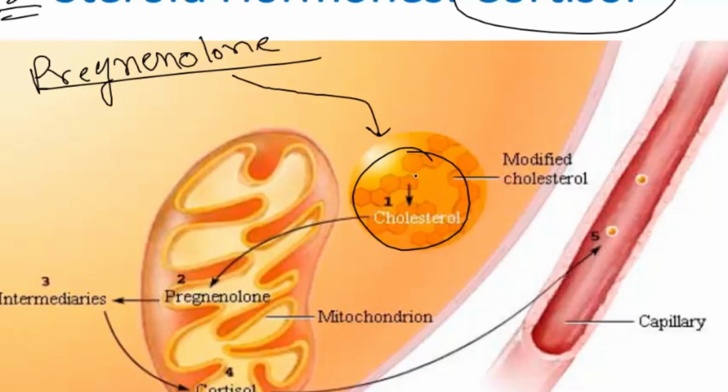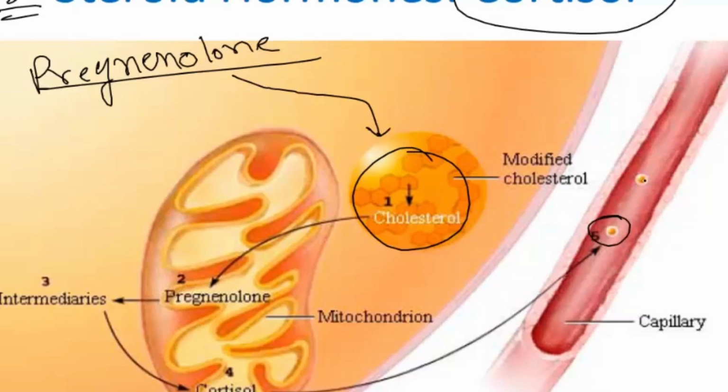Once the cholesterol is formed, this cholesterol is converted to steroid hormones such as cortisol, estrogen, progesterone, like that. Now if you look at here, this cortisol is lipid soluble and it is transported into the blood vessel via plasma proteins.